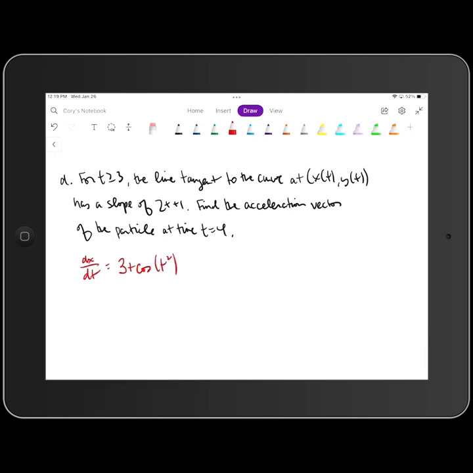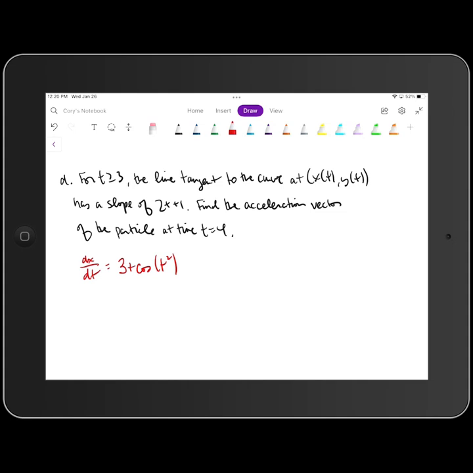That is the horizontal component of the velocity vector. To find the horizontal component of the acceleration vector, I want to take the derivative of that function.